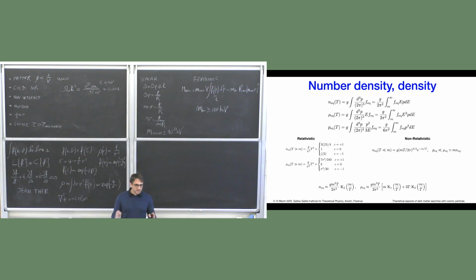There are at least two frameworks that we can consider. The first one is that dark matter was in thermal equilibrium with the standard model particles. So we can consider that after the Big Bang, the temperature was extremely high. Standard model particles were basically all relativistic.